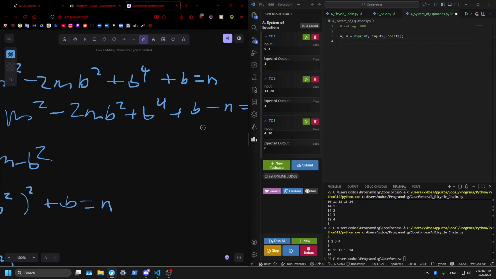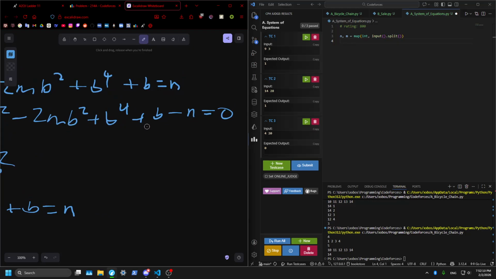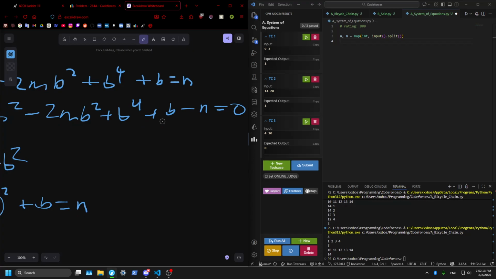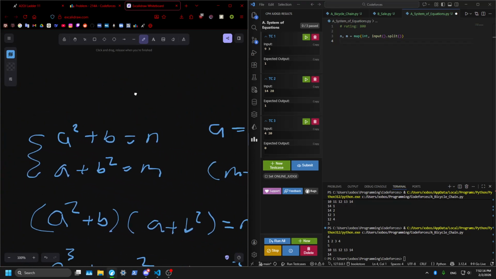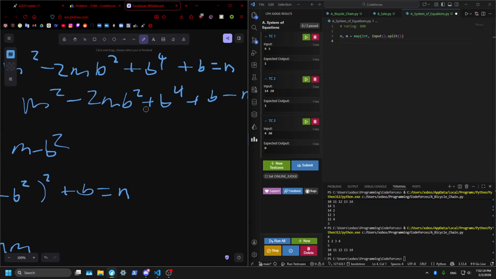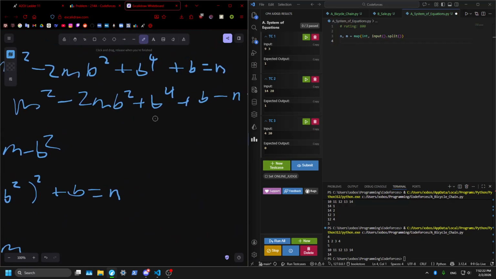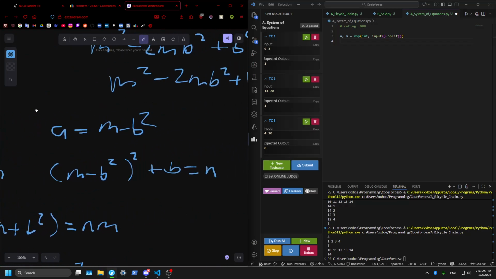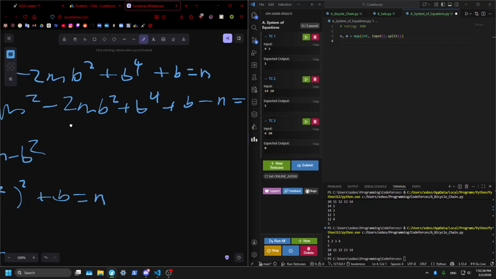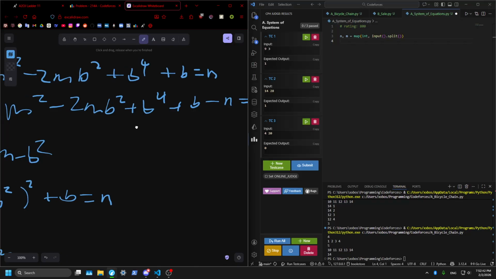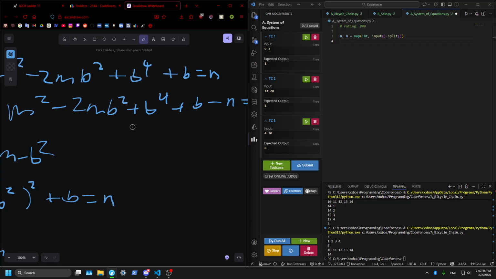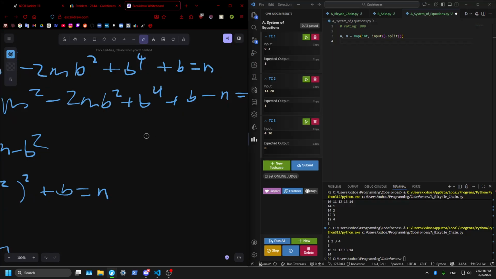And so we can plug in values for this, and then we're solving for b, and then we can plug in b to get a. Right. Thing is, how do we do that in code? We're solving a system of equations in code.